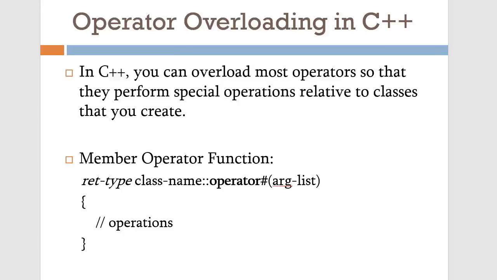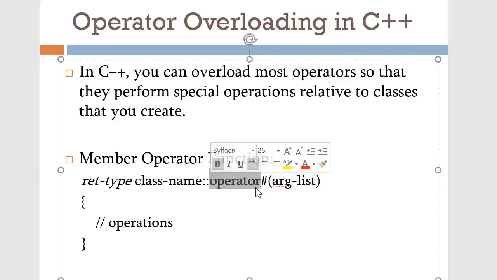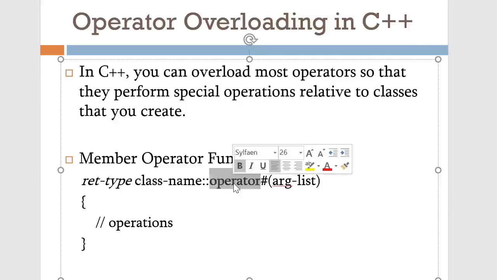This is the syntax of a member operator function. So operator overloading happens in terms of a function. This is the return type. Similar to any other function, you have to specify the return type, then the class name if you are defining this operator member function outside the class, then the membership label, and then, very important, the operator keyword. This is a standard C++ keyword.